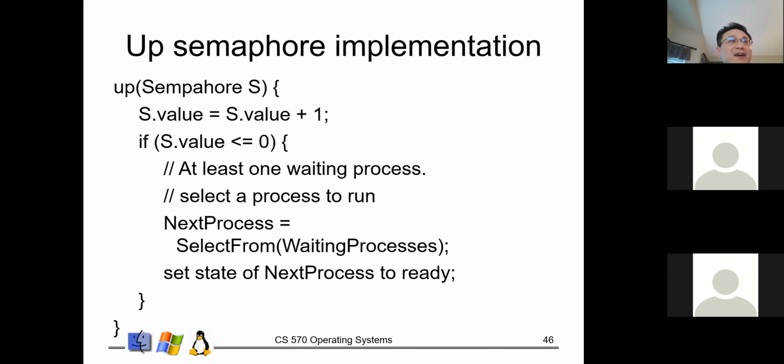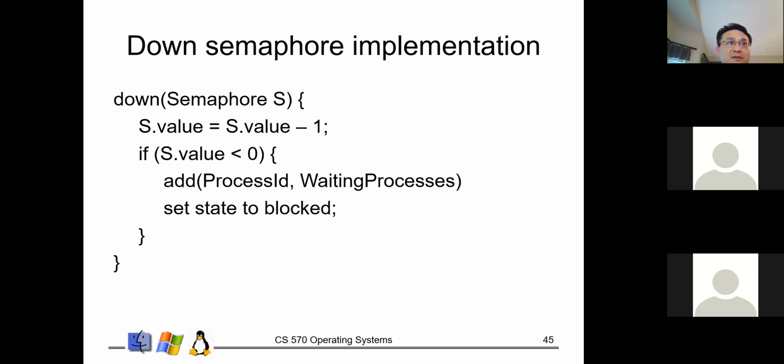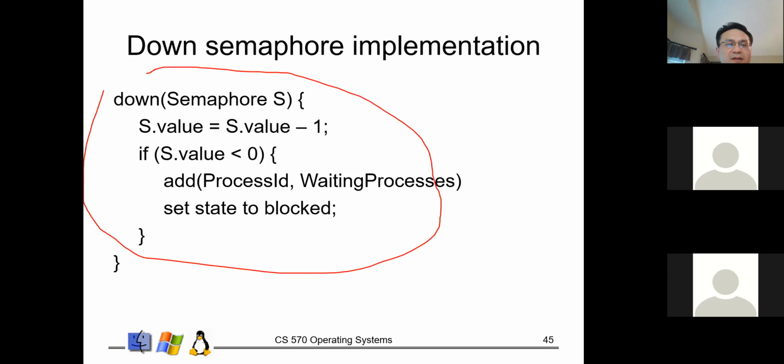Even these two operations, they look very simple, but it's hard to implement these. Because of what? Actually, you guys are asking very good questions here. These two operations need to be atomic, okay? You need to guarantee that for this down operation, all the instructions, all the code inside this method, are executed atomically.